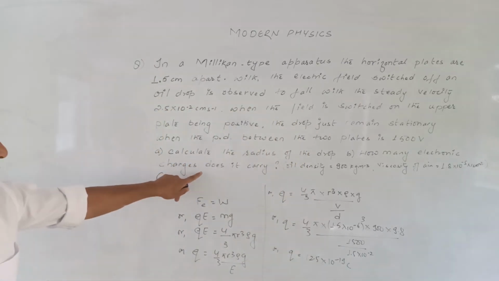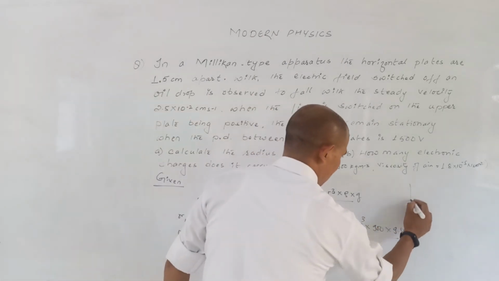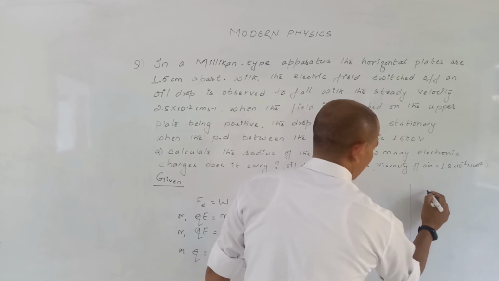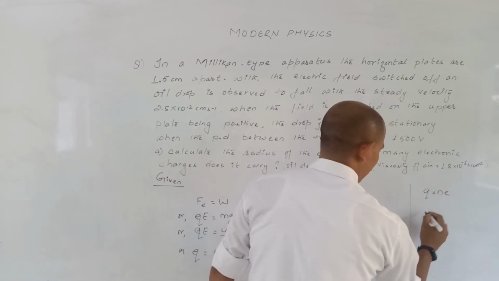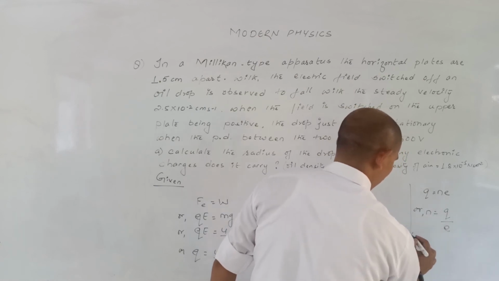And the last part of the question says, how many electronic charges are there? For that we will write Q equals N e, or N equals Q divided by e.